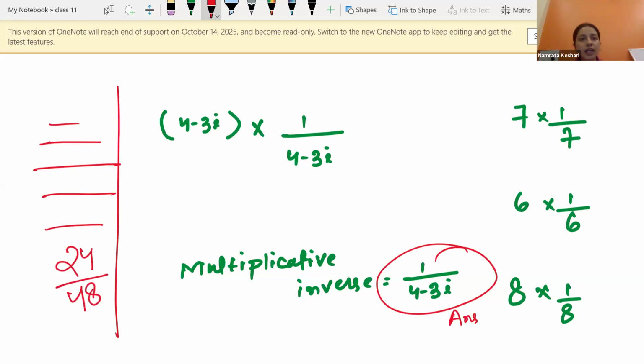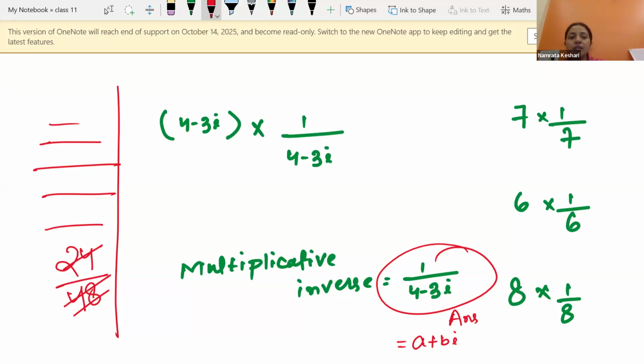You will do the cancellation and then leave your answer. Similarly, here in the complex number chapter, there is a rule that never ever leave your answer like this, the circled one. You have to make it in this format. It is not just for this particular question, it's for all the questions which we will be solving in this chapter.